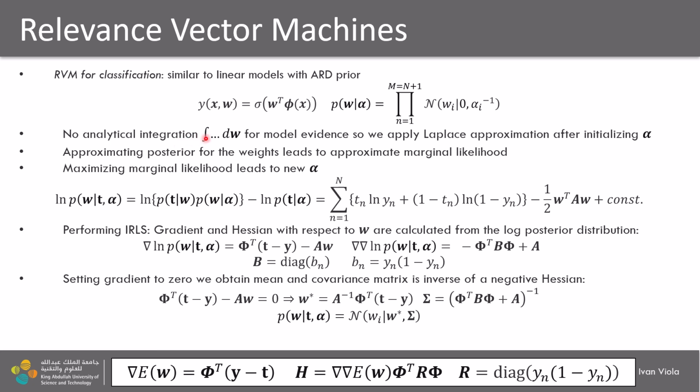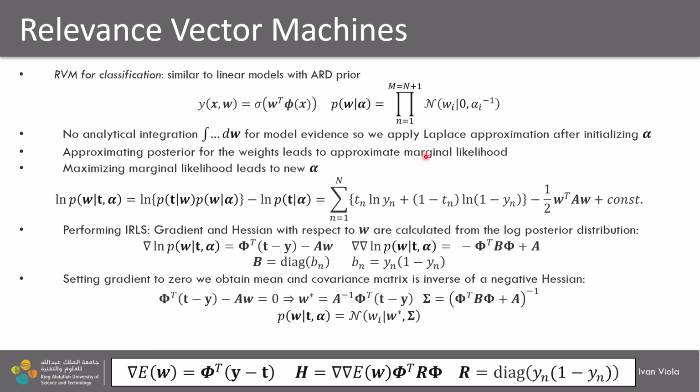As there is no analytical solution for the integral necessary for the model evidence, we will apply the Laplace approximation to approximate the posterior probability distribution for the weights. With that, we will formulate how we approximate the posterior, and from that this will lead to the approximate marginal likelihood.